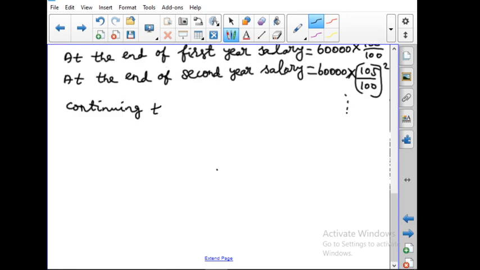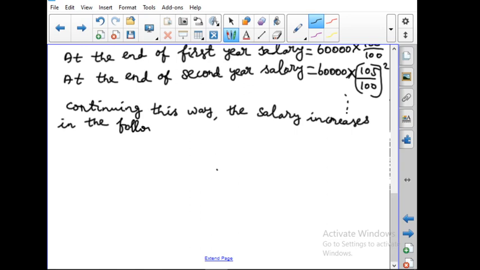The salary increases in the following way. The starting salary is 60,000.